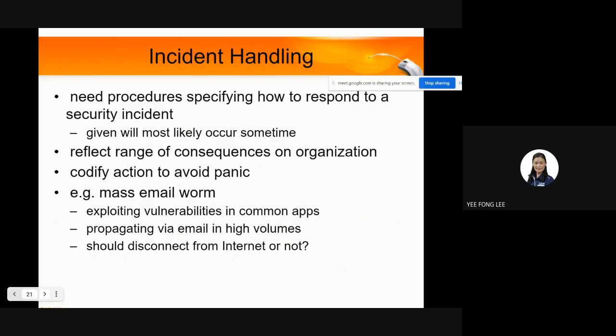So a good incident response policy towards the vulnerability as mentioned, the mass email worm, needs to consider the seriousness of the actions. They might need to take responsibility. What are the steps that they need to do here? They should specify the personnel who are responsible for making decisions concerning significant actions.